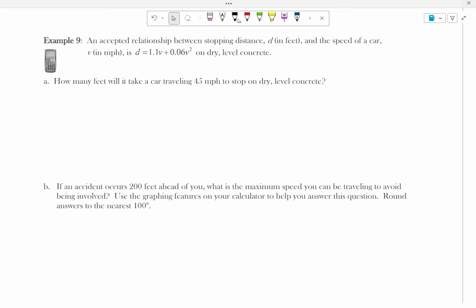That is a velocity. So D, I'm going to use proper function notation here. D of 45 equals 1.1. I just realized I'm talking when you could be thinking and writing.